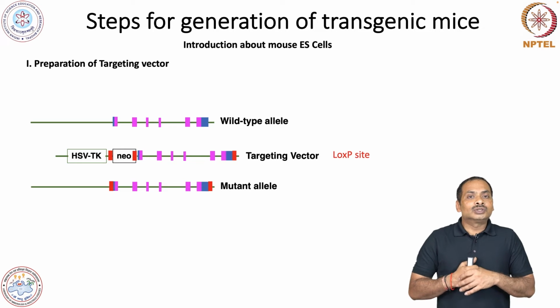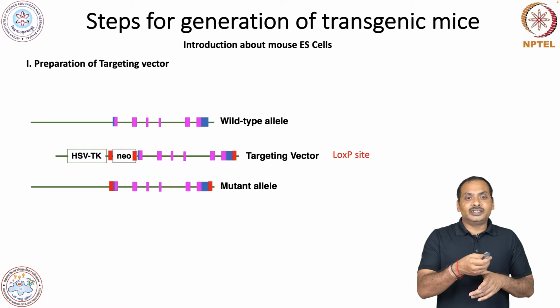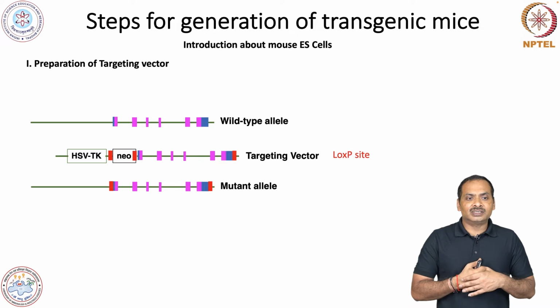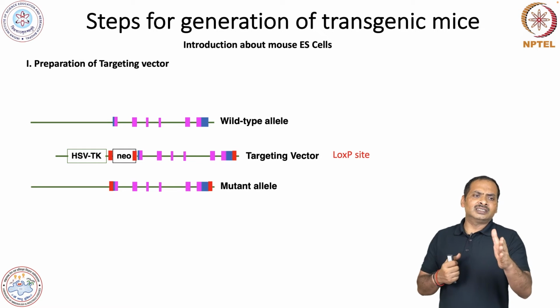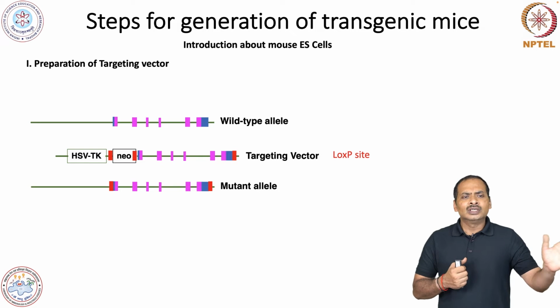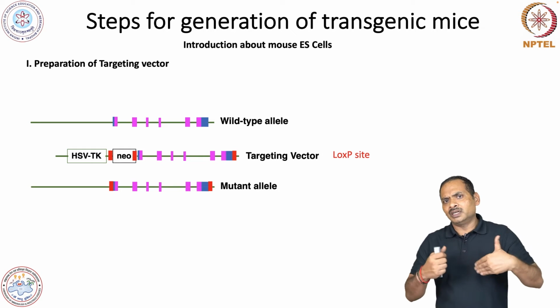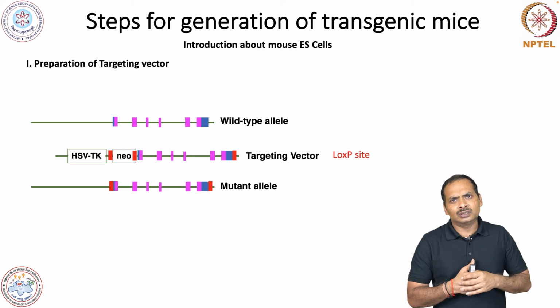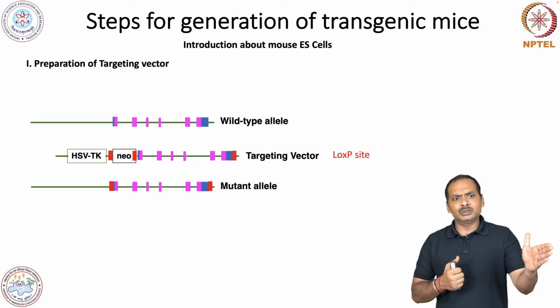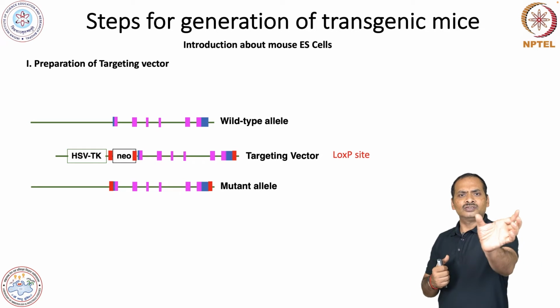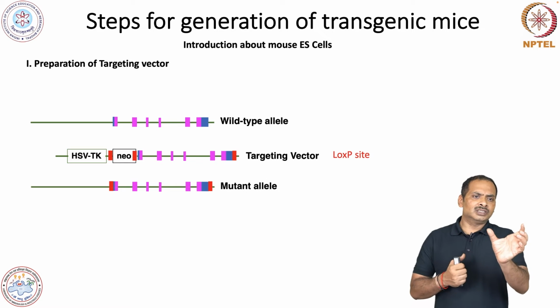So in this scenario, just look at the targeting vector. Consider that this HSV-TK is removed, so the rest of the screening will be the same as you have learned for knockout mice. HSV-TK will be removed and this whole chunk of DNA will be in the genome.